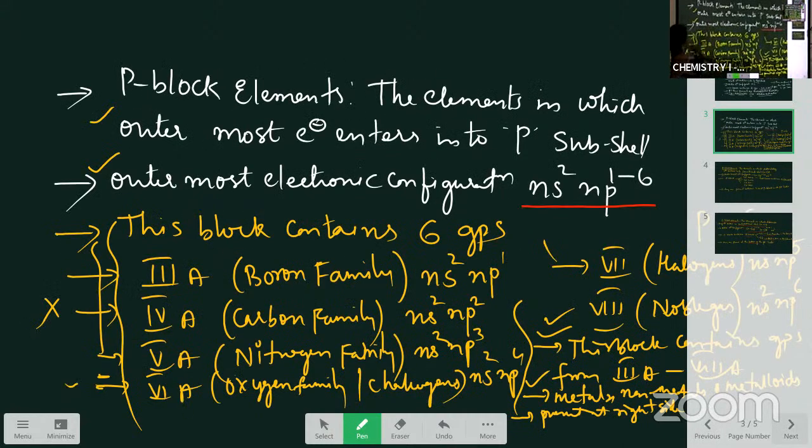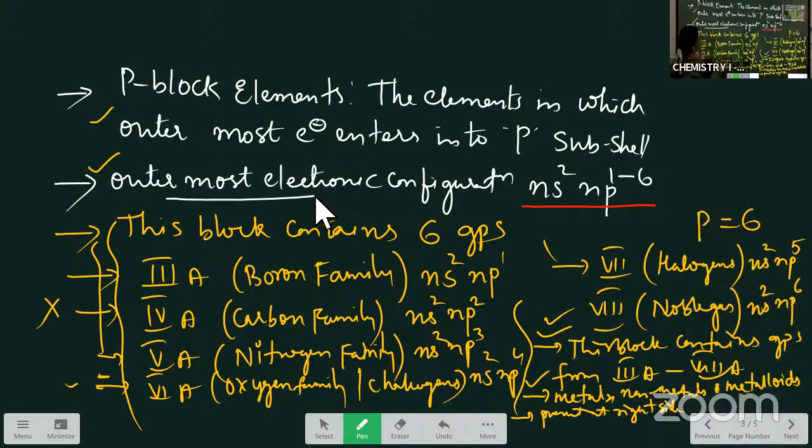Next is the p block elements, the elements in which the outermost electron enters into the p subshell. What is the outermost electronic configuration? ns2 np1-6. This block contains how many groups? 6 groups.